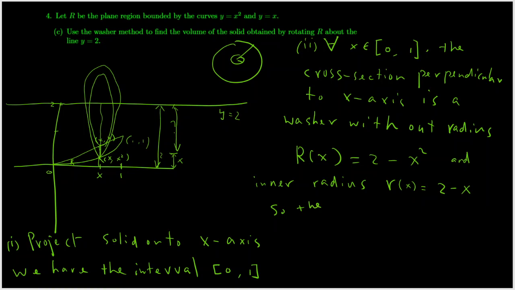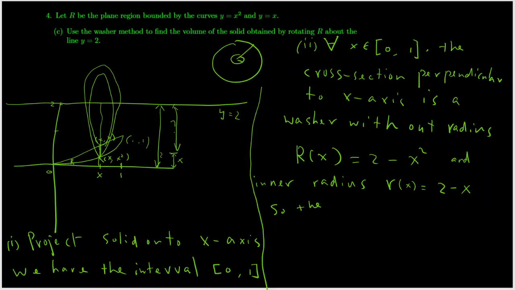So the cross-sectional area A of x is the difference between the areas of two circles.